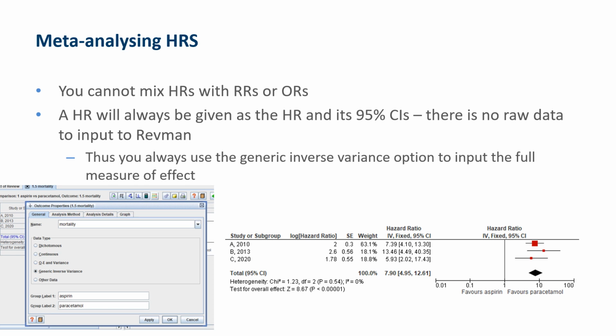You put in the hazard ratio and the standard error, and you go from there. Very importantly, you've got to use the log of the hazard ratio. So you'd have to make sure you put your hazard ratio in the right box. It may look as though it's very easy to put things in the wrong box there. So be careful with that. I think you just need to practice that really.